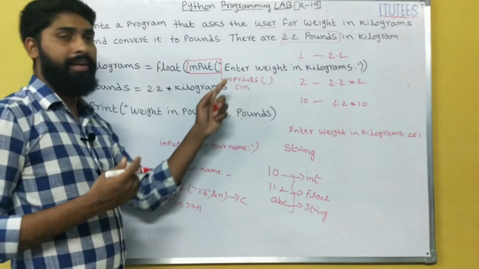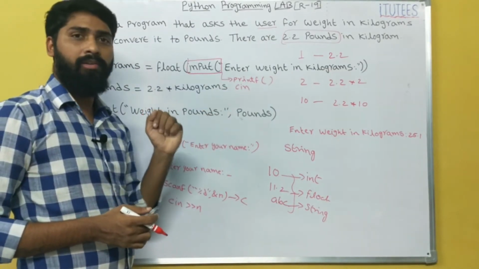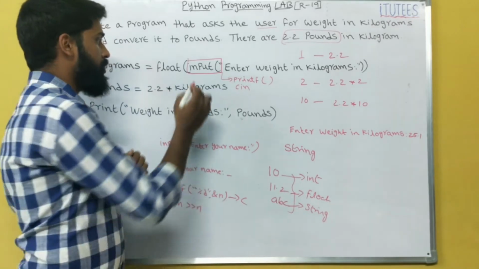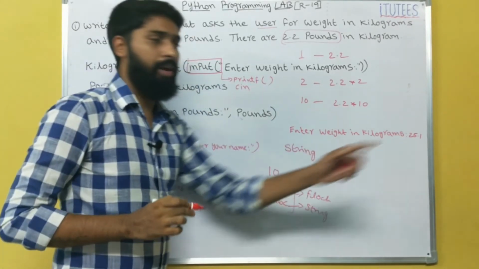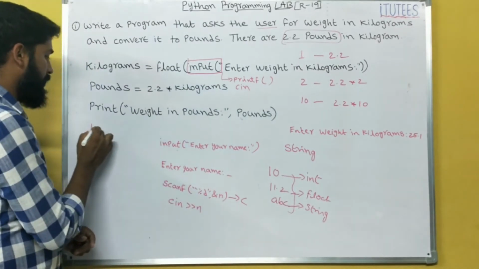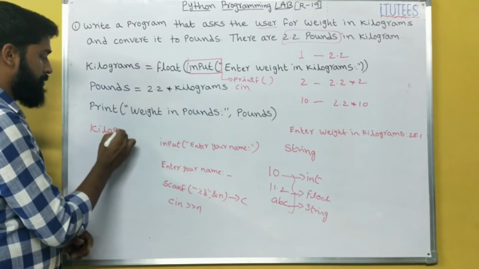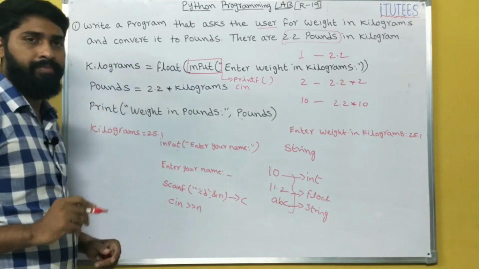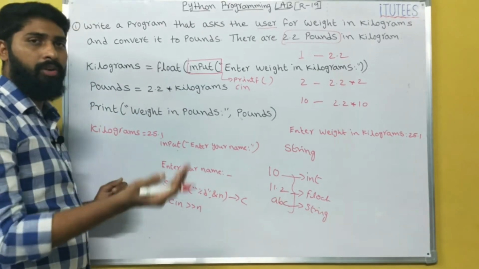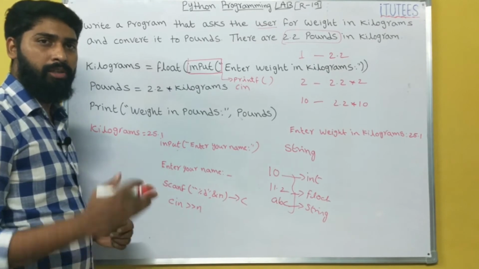Here my intention is to read the value in the form of float, so I convert the input into float. That means 25.1 now becomes a float: kilograms equals 25.1. The next step is to convert kilograms into pounds.